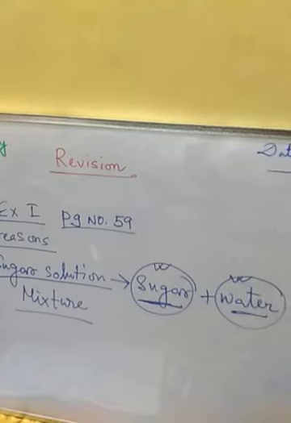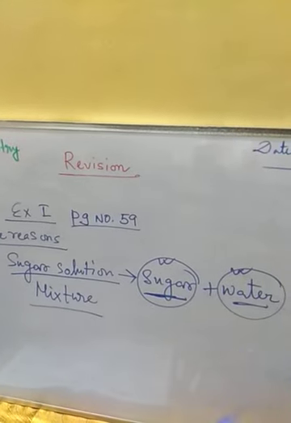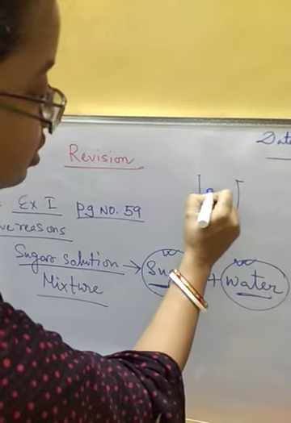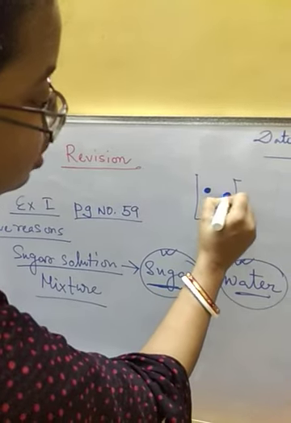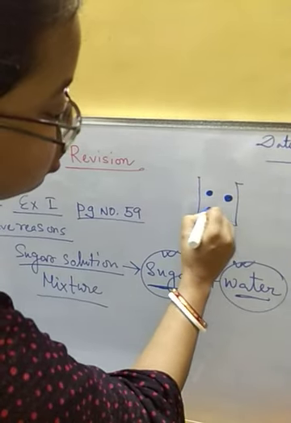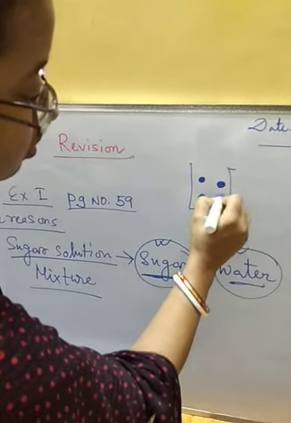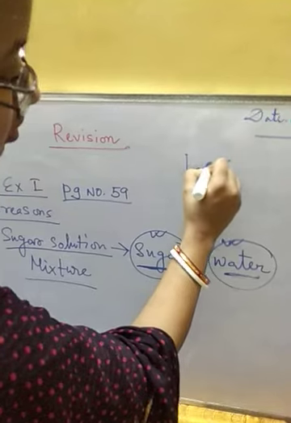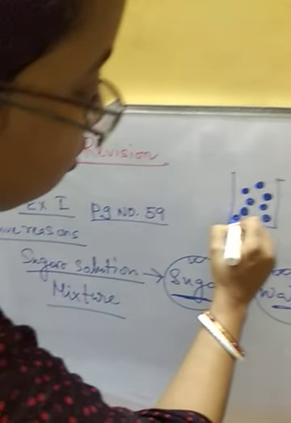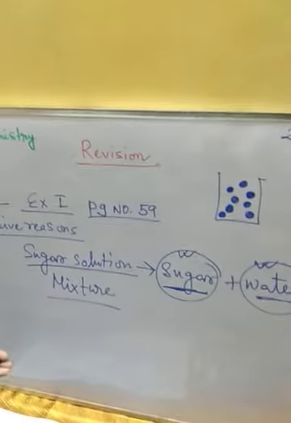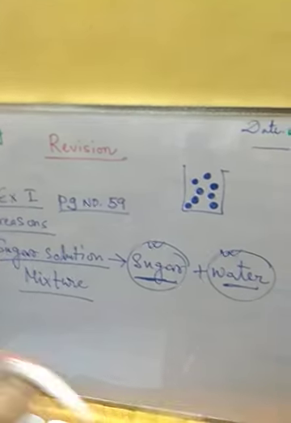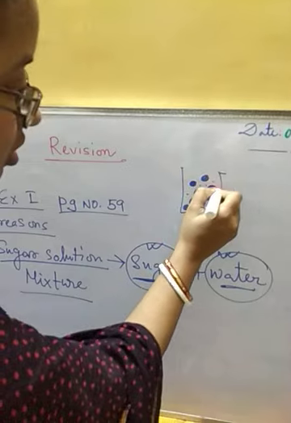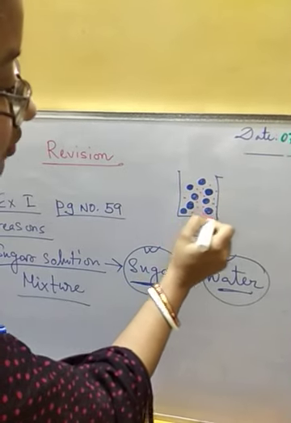in between the intermolecular space of water. See, suppose in this glass these are the water particles, the water molecules. Now we have added sugar. Now gaps are there between these water molecules.